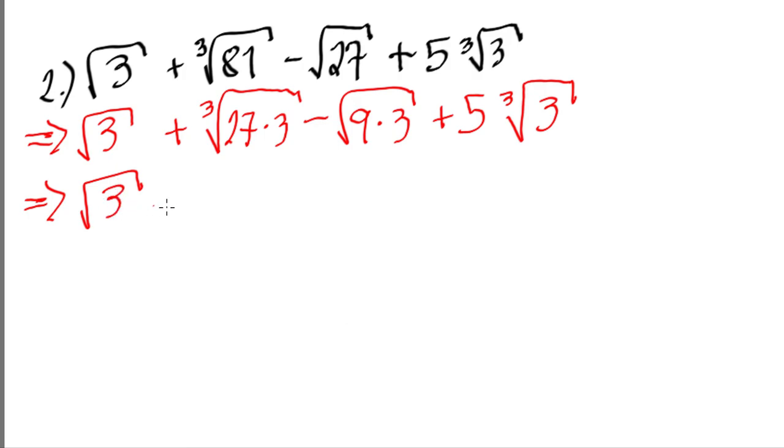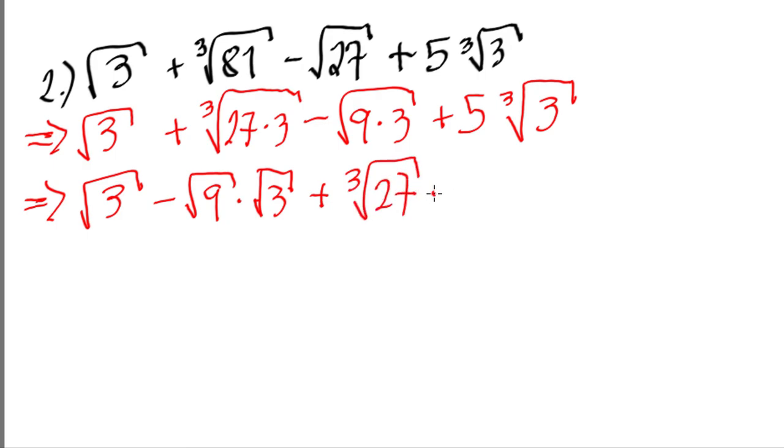So we have the square root of 3 minus the square root of 9 times the square root of 3. What happened here is that I already separated the radicals for each of the factors inside. So that's very okay. Plus, we have the cube root of 27 times the cube root of 3.